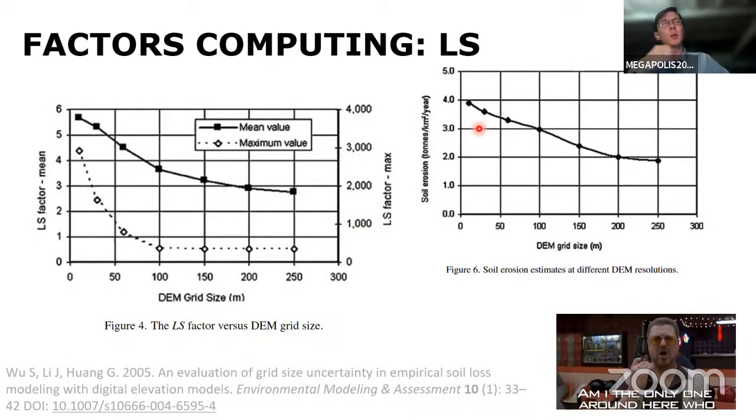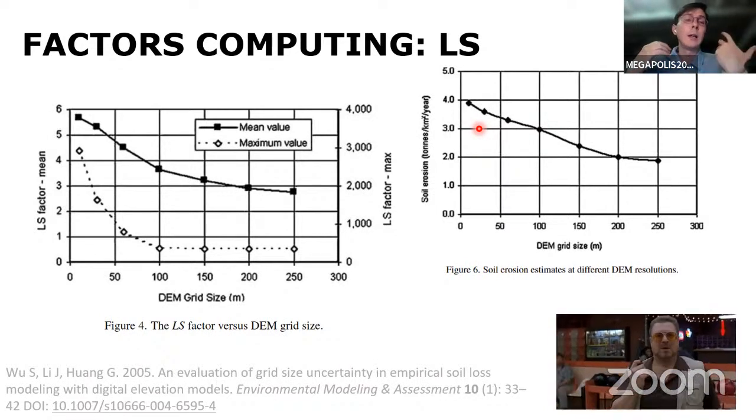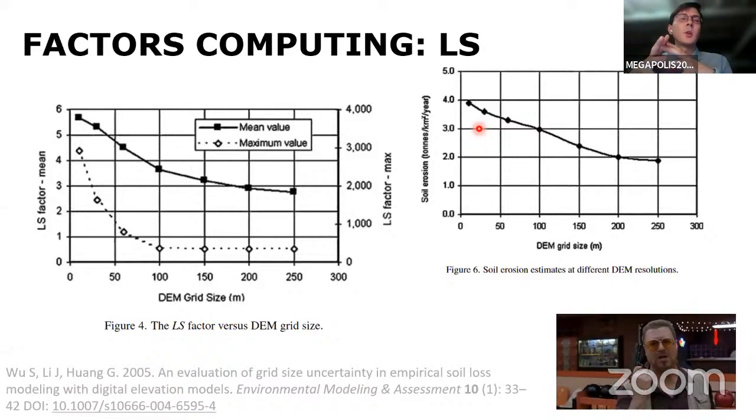When we're talking about calculating the LS factor and soil erosion modeling at all, it's very important which input digital elevation model you are using to calculate this LS factor and to assess the topography, because there are some studies showing that digital elevation models with big cell size cannot describe the real slopes.